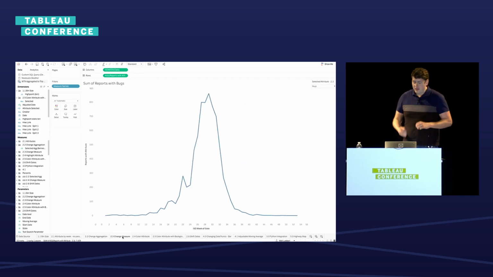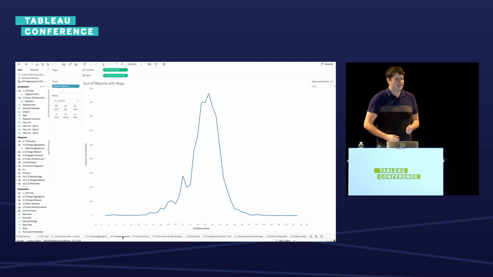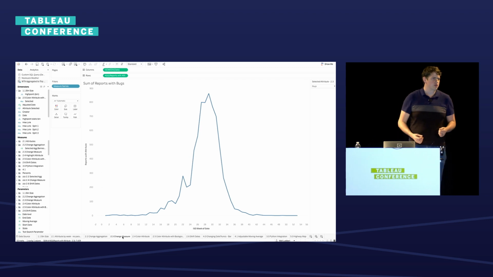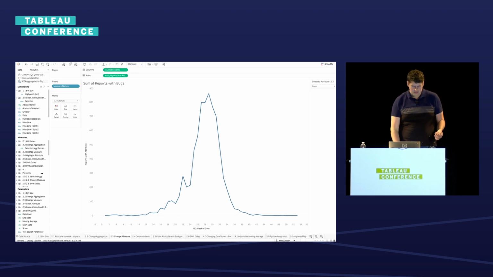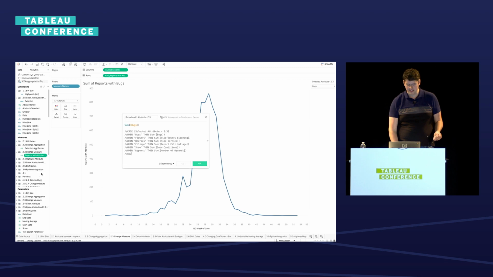Now, another thing that you can do with a very similar technique is change which measure you're looking at on the basis of a parameter value. This can be really useful if you're building a dashboard and you want the user to be able to control which measure they're looking at. What I'm going to do for this calculation, it's just another case statement. The case and parameters go hand in hand.